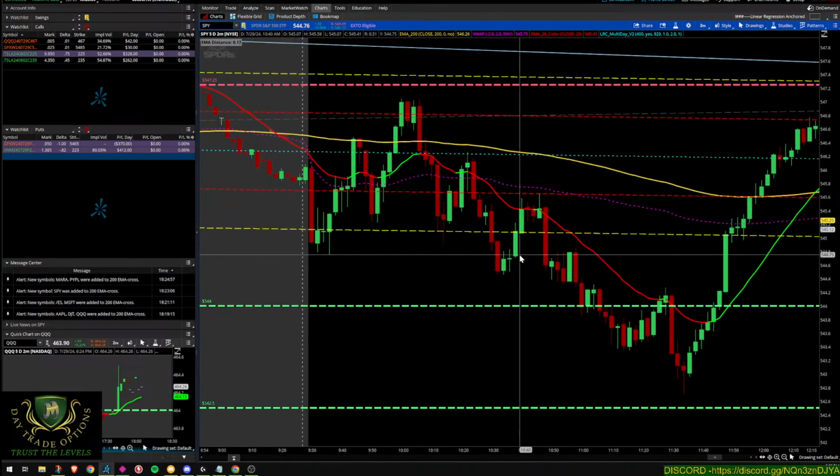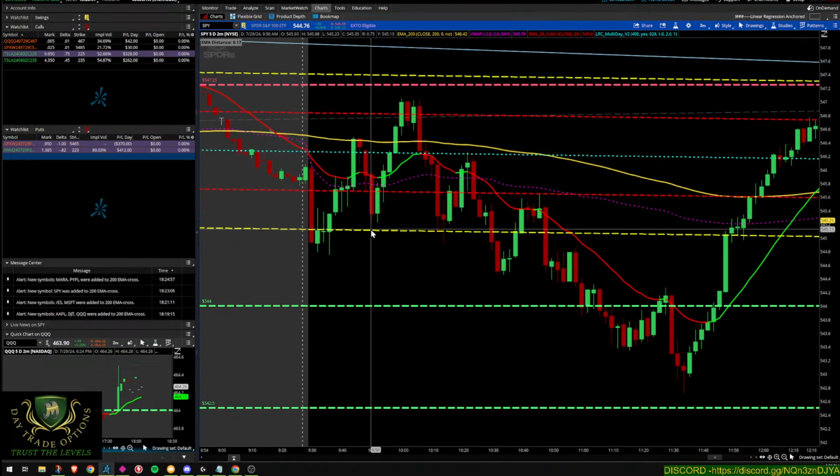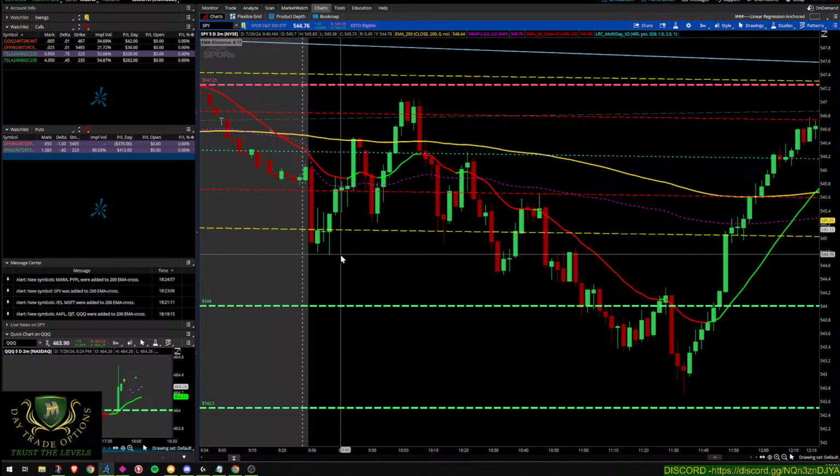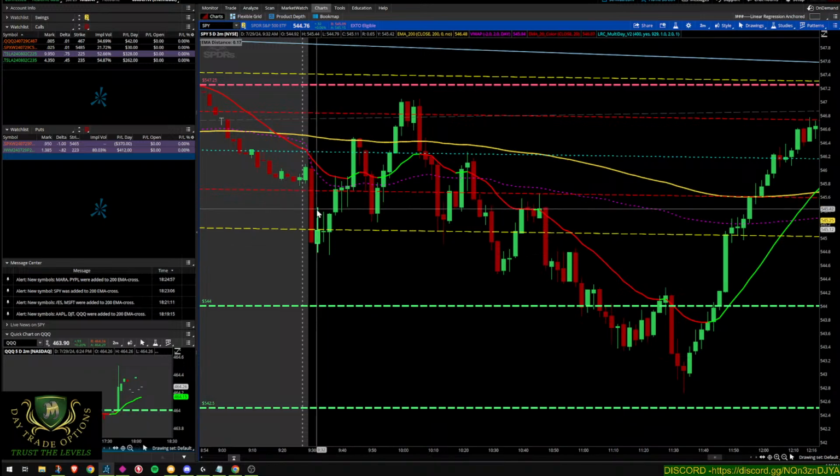We use these to trade mainly for entries, but I also use them for scaling out, taking profit because of potential reversals on these levels.